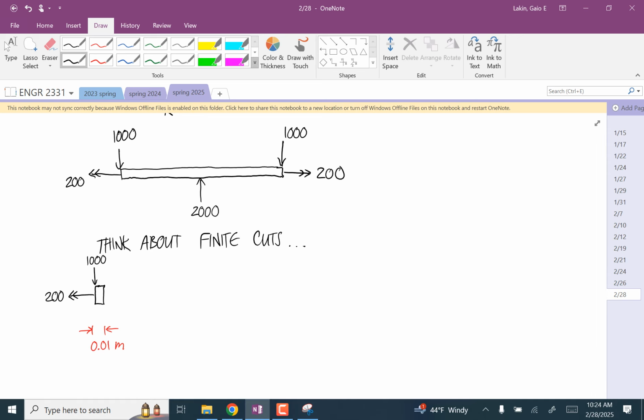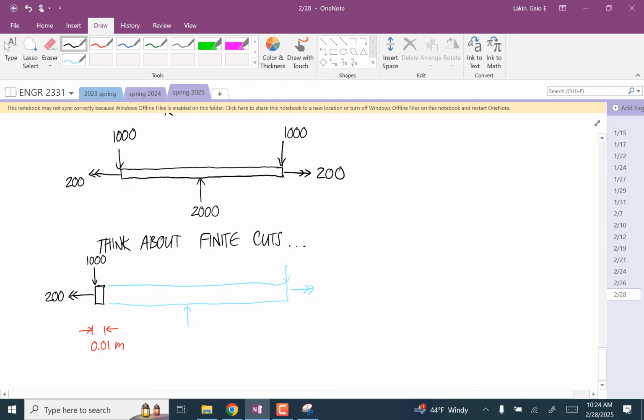Let me draw all the stuff that we're skipping: the 2,000 here, the downward force, the 200 there. And now we have the loads that are applied to this little piece by the adjacent material. So that's a T, a V, a bending moment M, and an internal torque, fancy T.